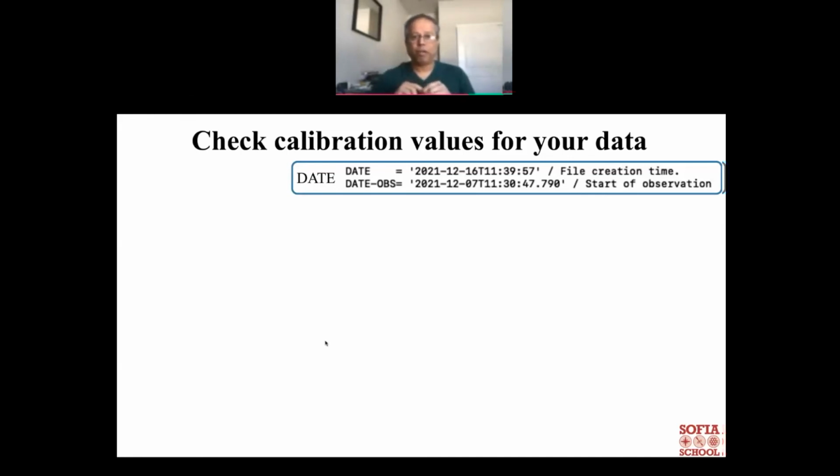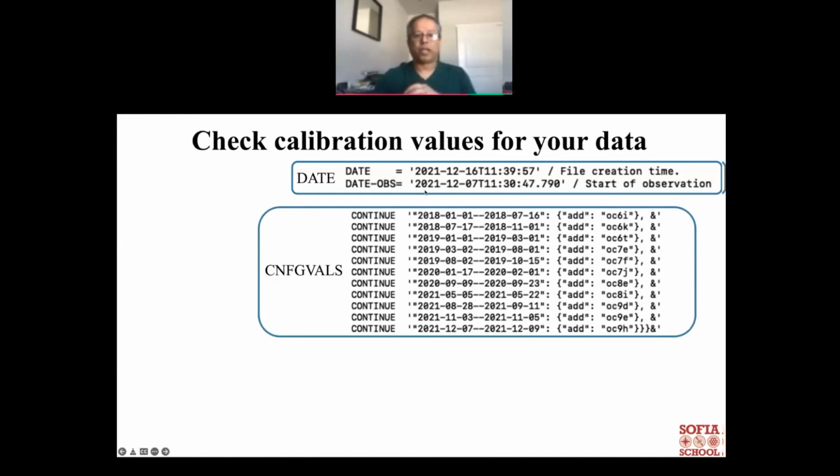The first thing to look for is the date. You query for date, and you'll see that the observed date, in this case, is December 7th, 2021. Once you have that, you can look for your FITS keyword, called CONFIGVALS, which will tell you when the different series were run for HAWC.